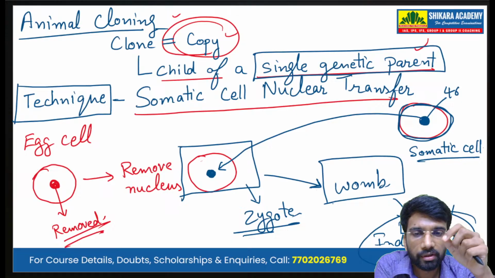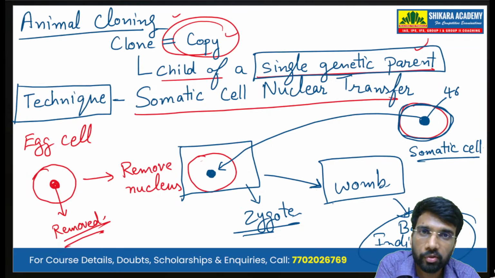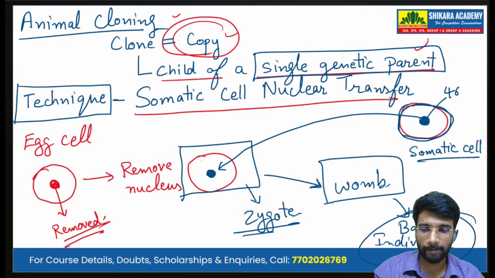Also, the female donor who has given her egg won't have any effect on the genetic buildup of that clone. Okay. So a clone is the child of a single genetic parent.